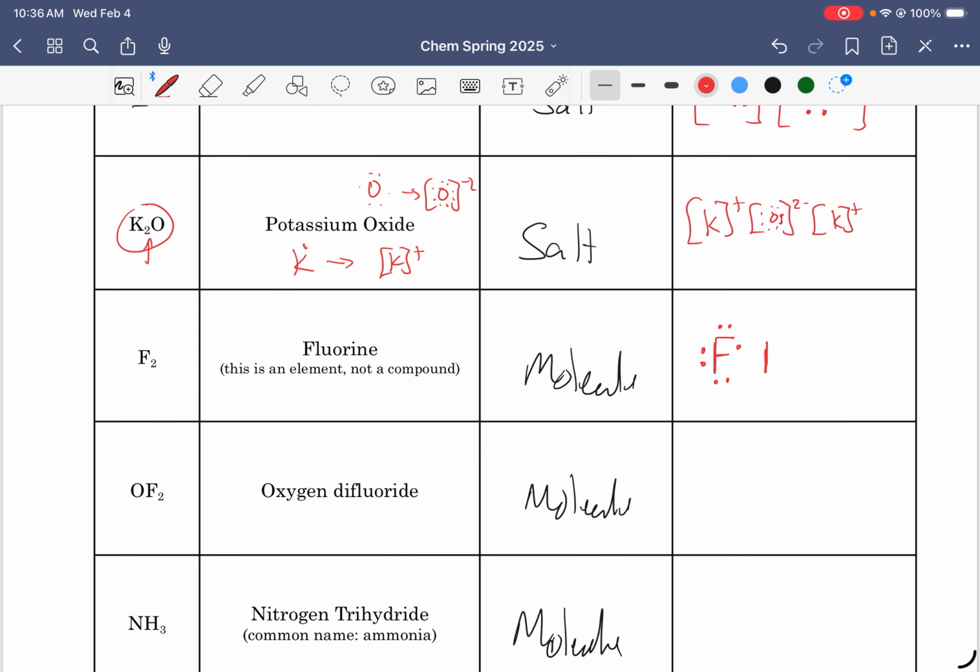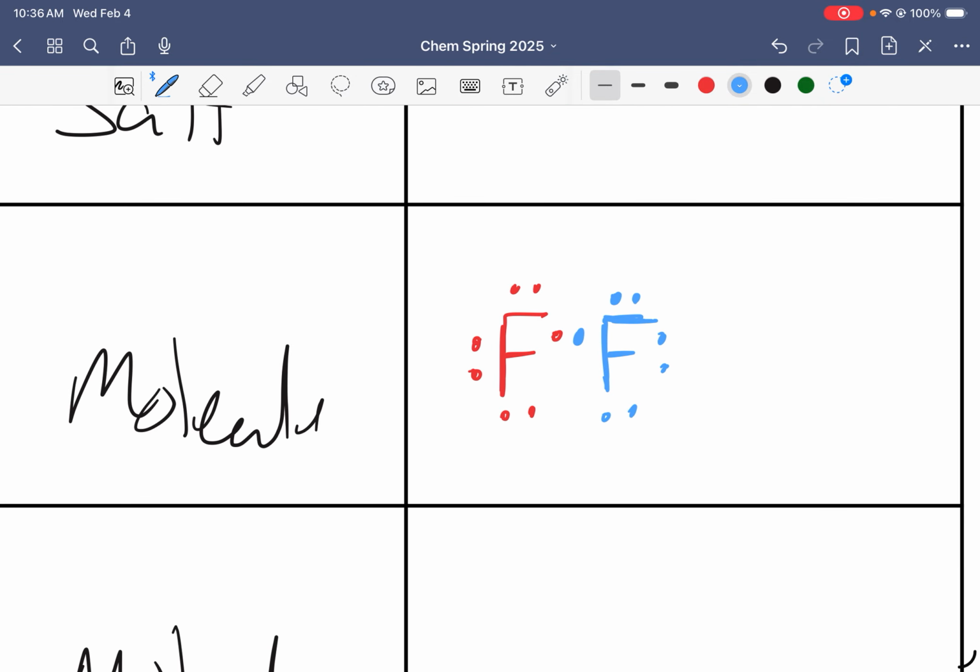So to really emphasize that those are being shared, we're going to draw a line between them, one straight long line. And that line is going to represent our 2 shared electrons, otherwise known as a covalent bond.